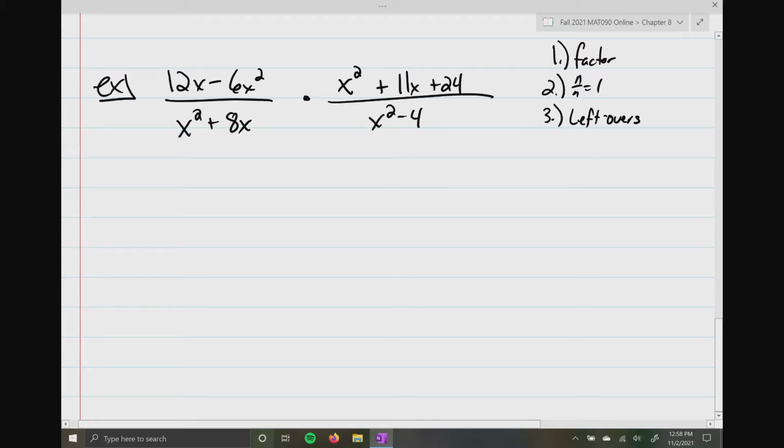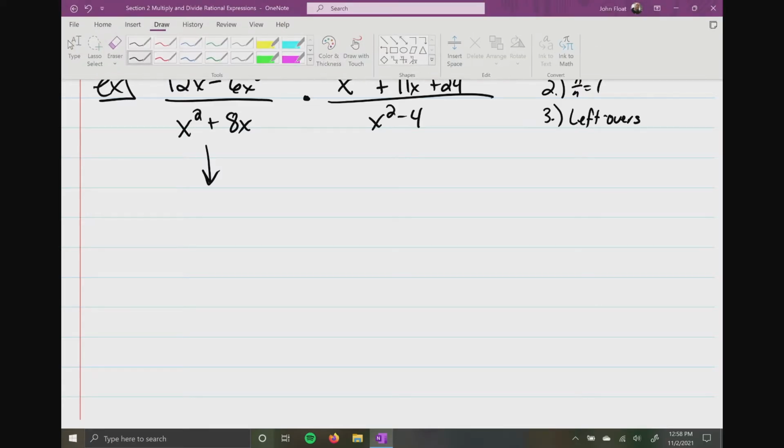Okay? Now, take a deep breath. Okay, there's my deep breath. Now I look in the numerator of the first fraction. The first thing I see, this is not written in descending order. And I like it in descending order. So if you're looking at this, this is what I'm talking about.